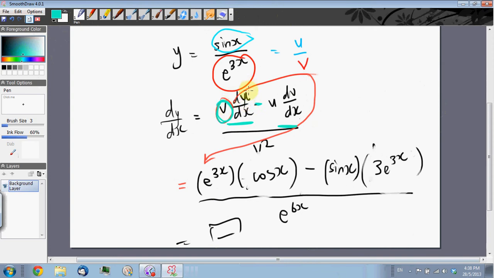So v goes with du/dx, u goes with dv/dx. It's the opposite. The term in front of the minus sign is v du/dx, and the one at the bottom is also v. Divide by v squared, not u squared. So this is the quotient rule, and before that we've done the product rule, which is straightforward.